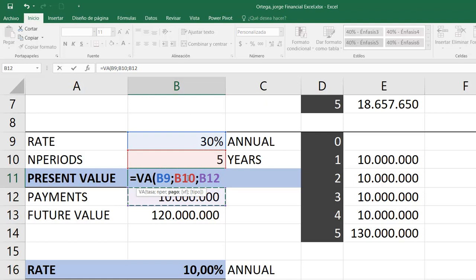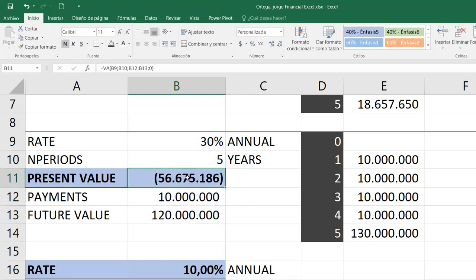Payments, I select 10 million, which are going to happen 5 times, and the future value, which is 120, the selling price of the company, and I type 0, meaning all the cash flows, the future inflows, will be end period. So the present value is 56 million.